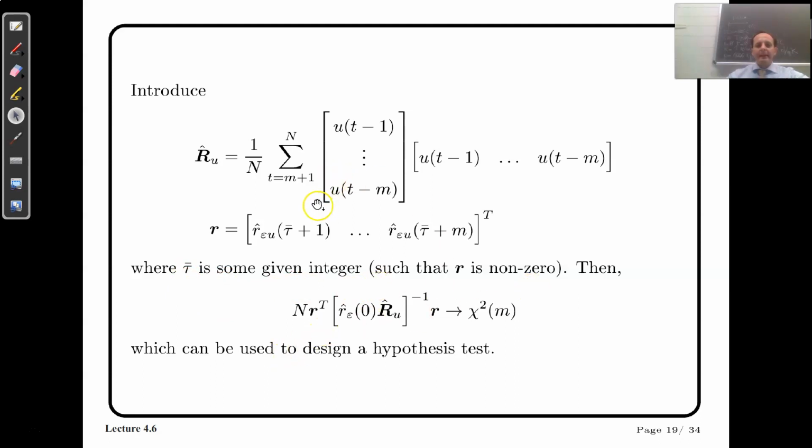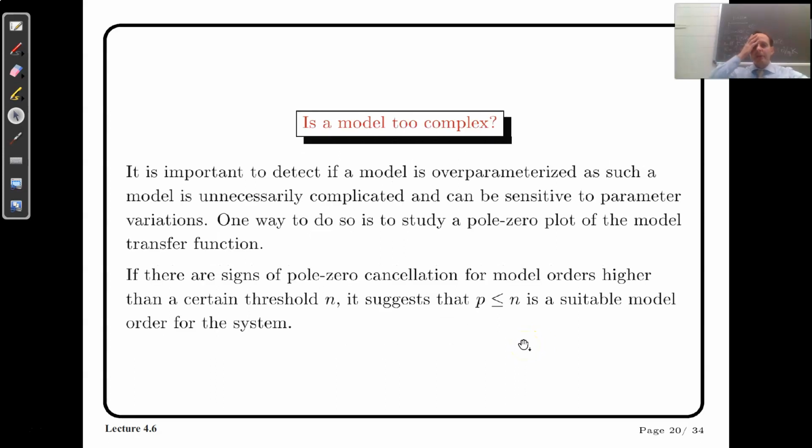Then this quantity, n multiplied by the transpose of the vector r, the inverse of this matrix, and the vector r, is a scalar value that tends again to a chi-square distribution with m degrees of freedom. It can be used for the hypothesis testing.